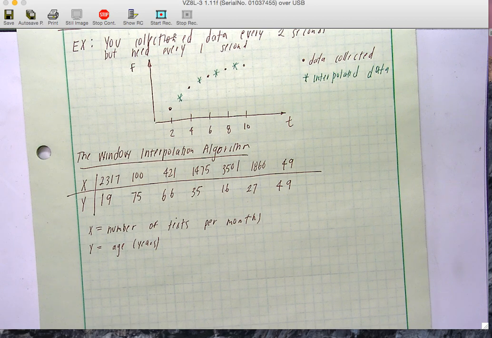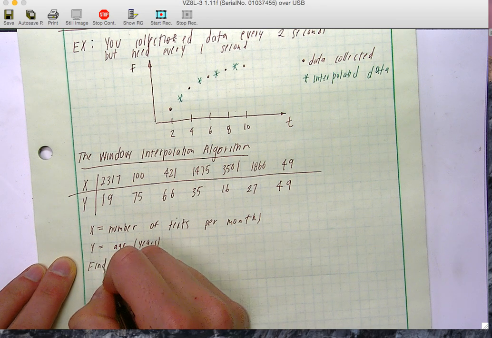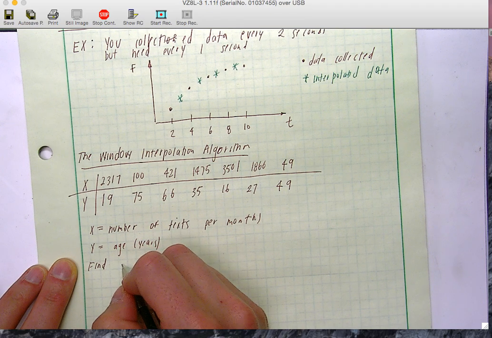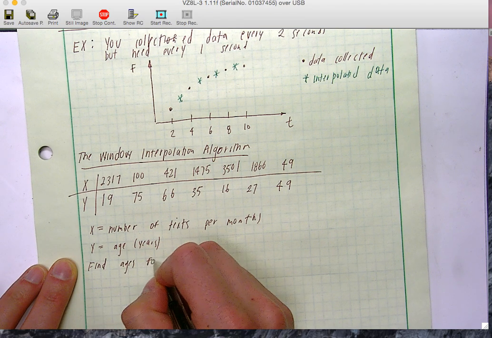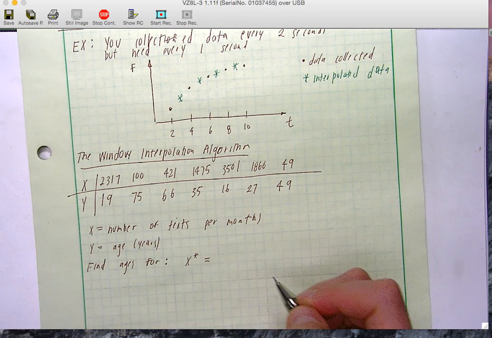Okay, so the idea is let's say you had an X star. So remember, X is number of texts.